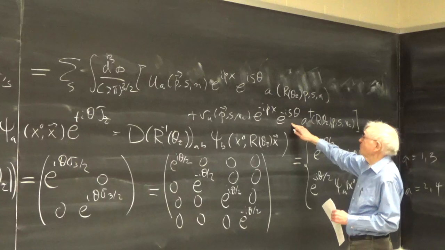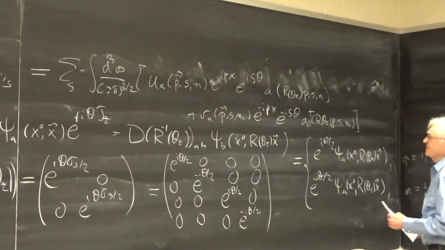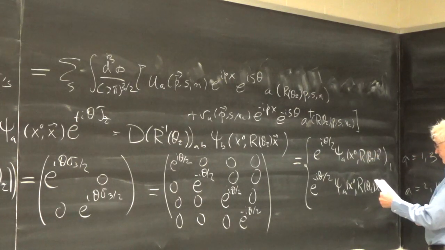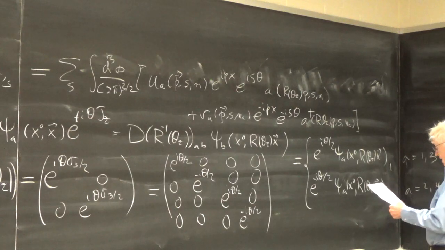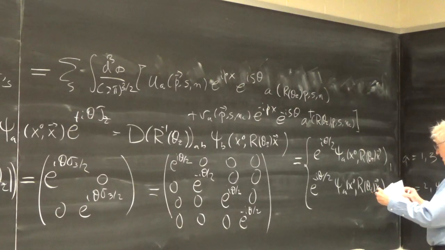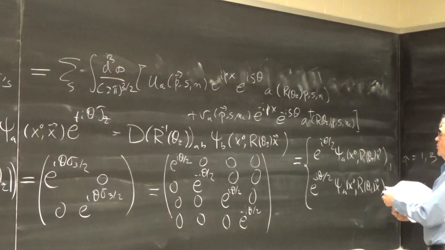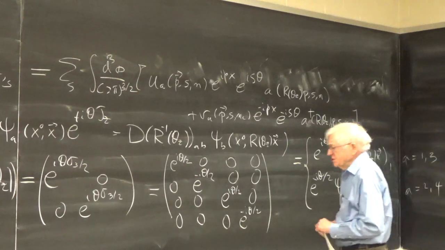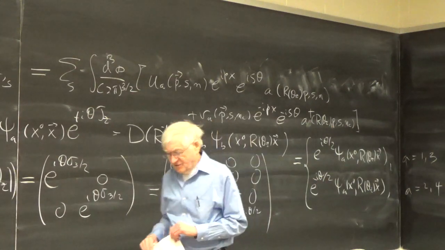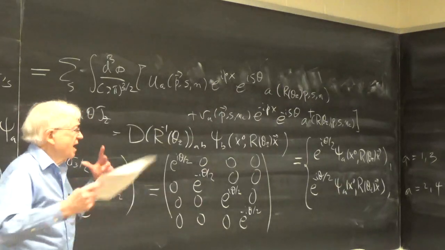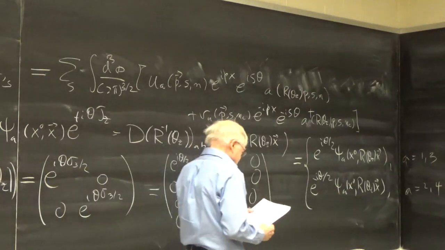So this is the one we want to compare. And so now what do we see? What we see is that for the U spinors, there's no problem. For the V spinors, things are a little bit bizarre.